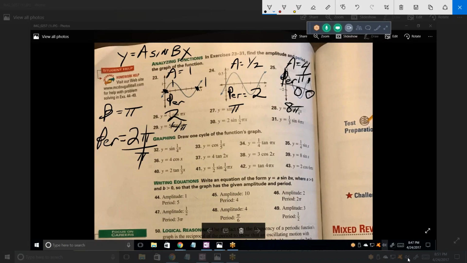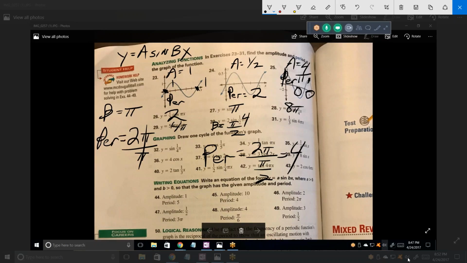What's B on 30? 1/2 pi. Or I can write that as pi over 2. So the period is 2 pi divided by pi over 2. Flip and multiply, you get 4. The pi's will cancel, but I've got 2 times 2. So the period is 4 there.